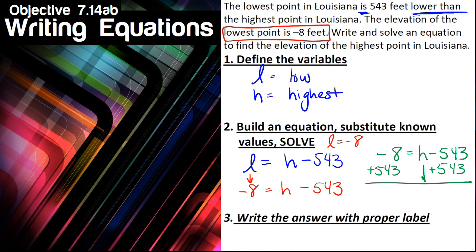So we can find H to be equal to 535. And so let's go ahead now. We know that H is equal to 535. And we're going to do a proper label on it. So we know that we're measuring in feet. So let's go ahead and put that appropriate label on there.